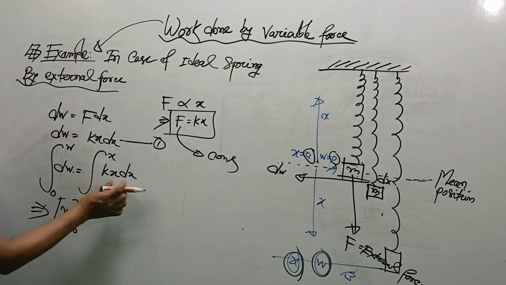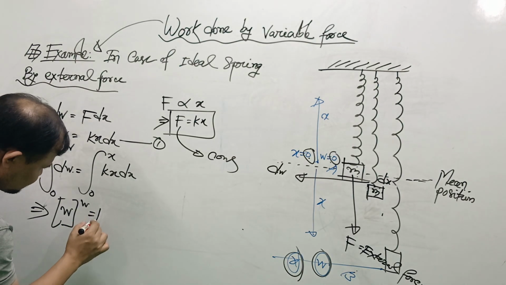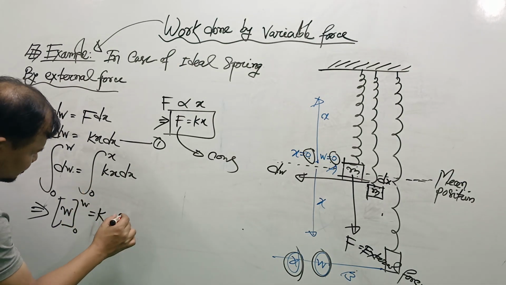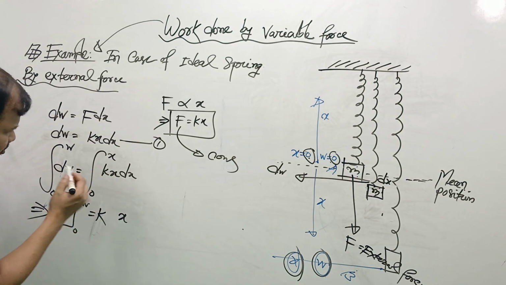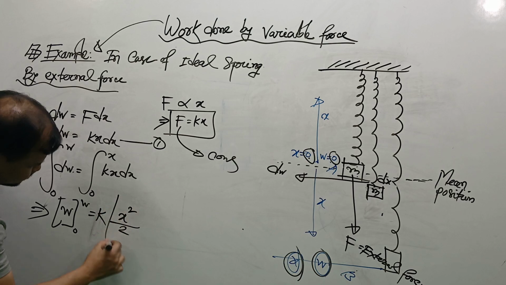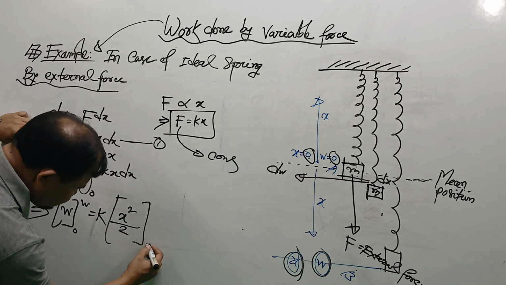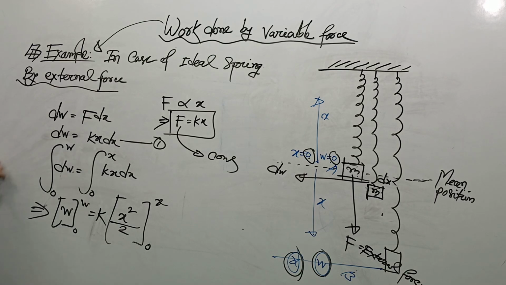We integrate with respect to x, so k is a constant and comes out of the integration. We know this integration: the power of x is 1, so add 1, it becomes 2, and divide by 2. I think all of you know the basic rules of integration. This is a very simple integration.